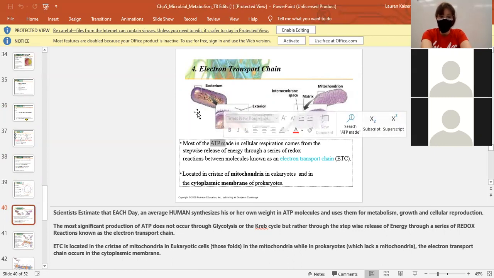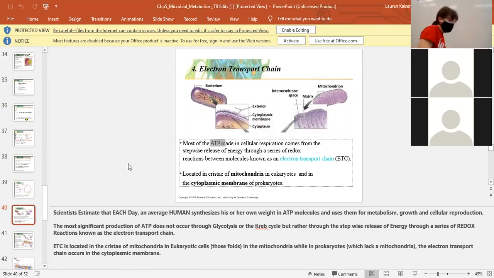The best way I can show you is this: this is our cell wall, the innermost layer of the bacteria, or of cells in general. I'll draw it in a different color.